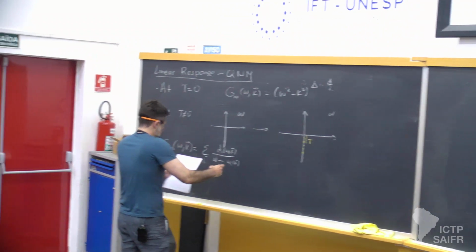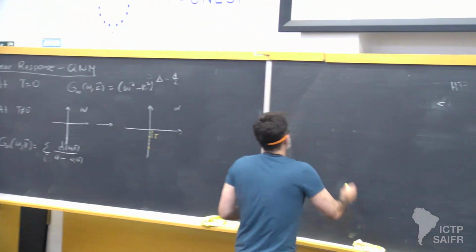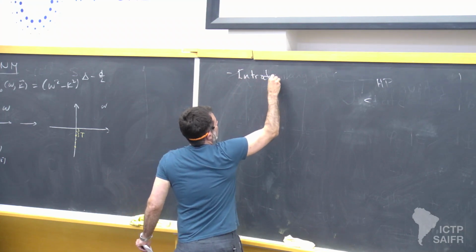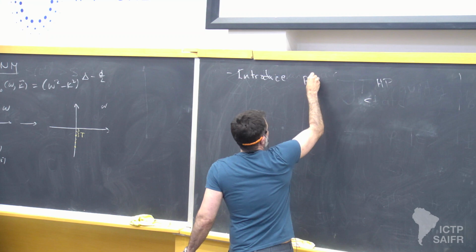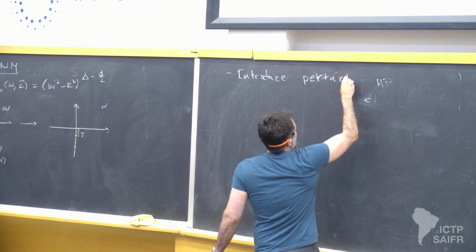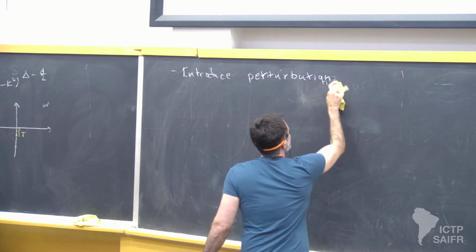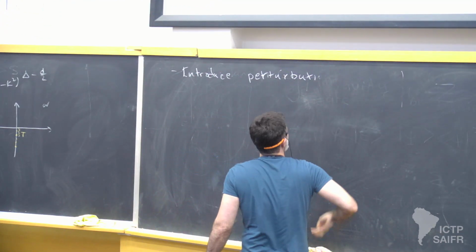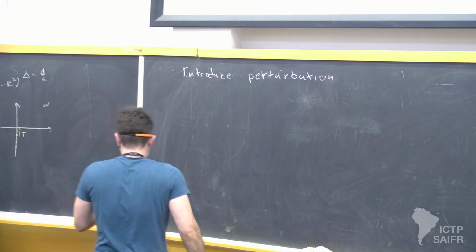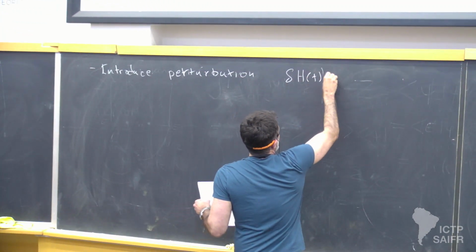Now, why do we care about the positions of these poles? So if you introduce a perturbation by using this operator O, you basically deform the Hamiltonian of your theory.